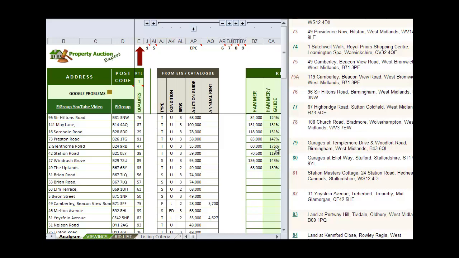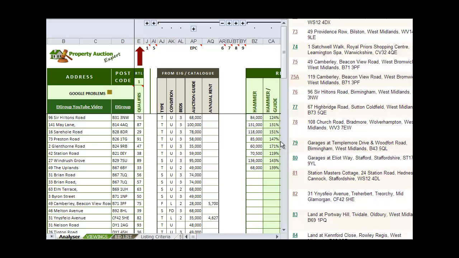So if you were able to bid 150% on one of your chosen lots, the probability is that you would be successful, and this particularly applies towards the end of the auction rather than at the beginning. But I stress, you have to carry out this exercise on each of the lots that you're interested in with regard to the specific auctioneer.